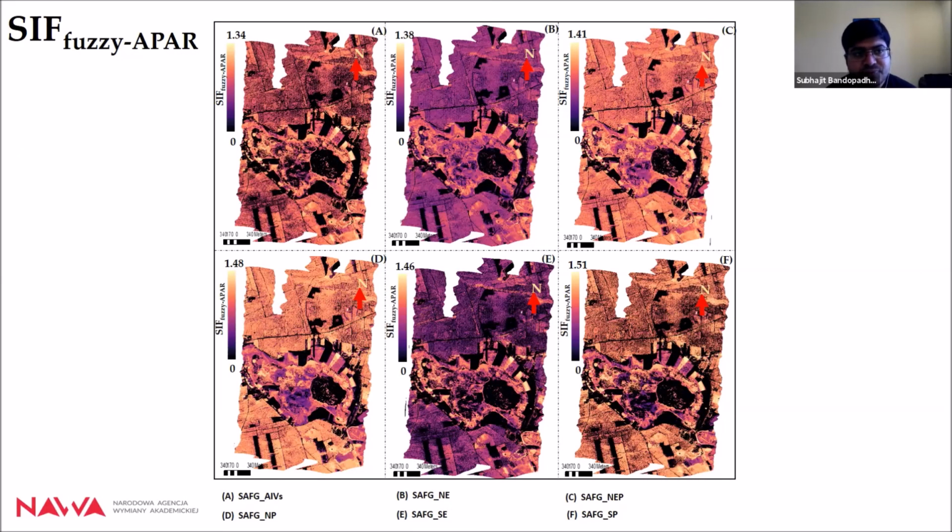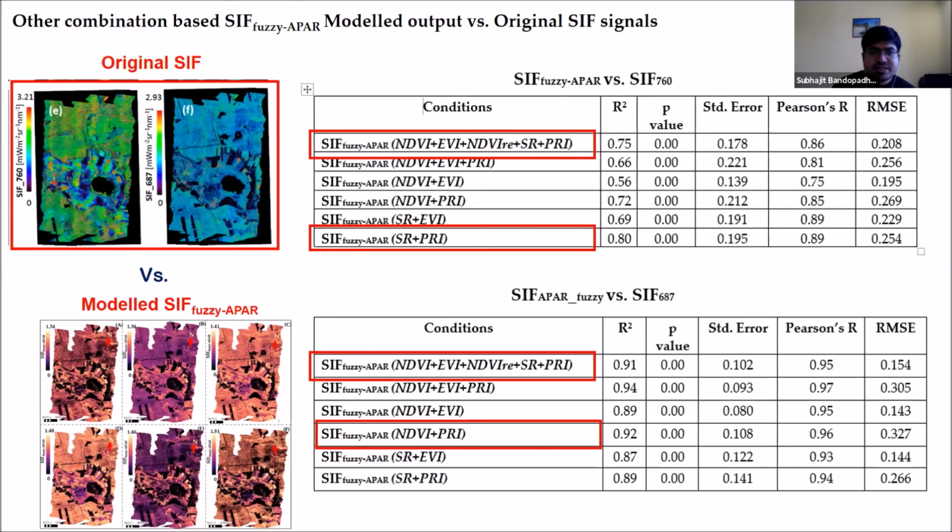This is the SIF fuzzy APAR output at the 6 different combinations, same as before, but after injecting the APAR signal into the SIF fuzzy map. Here we see that between the original SIF maps and the model SIF map, the correlation has improved compared to the previous one.